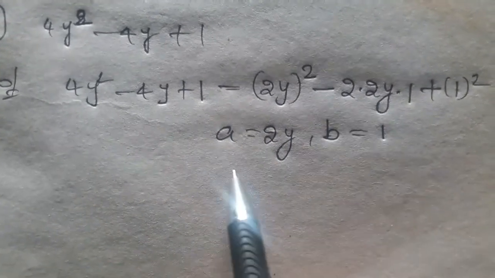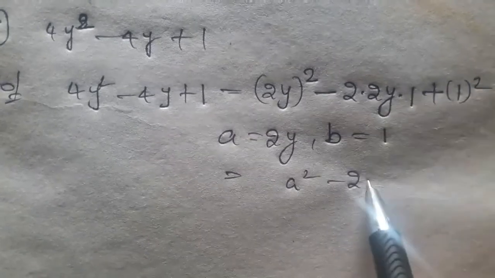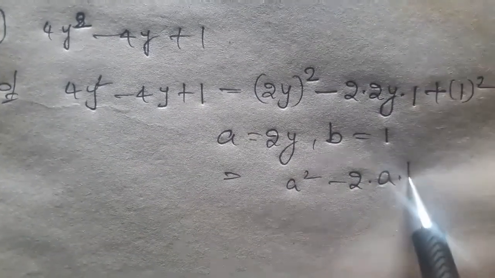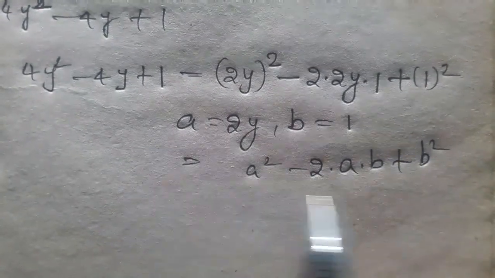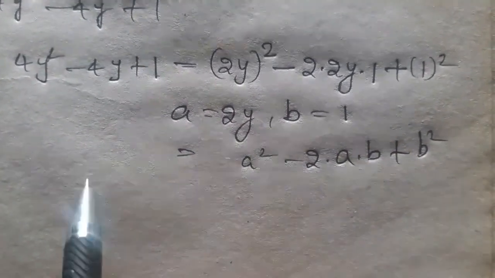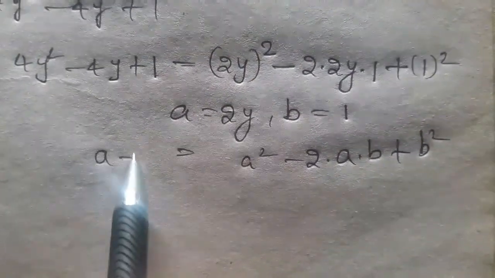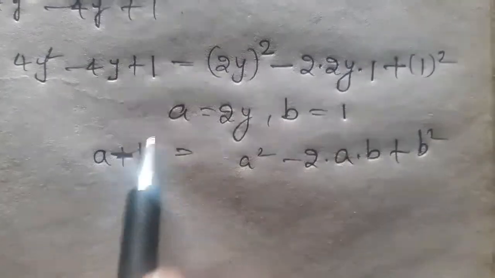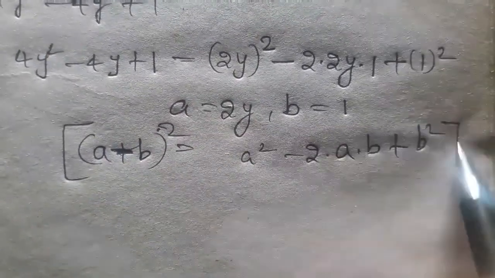Now which is in the form of a square minus 2 into a into b plus b square. So this can be written as a minus b whole square. This is, we know, identity, isn't it?